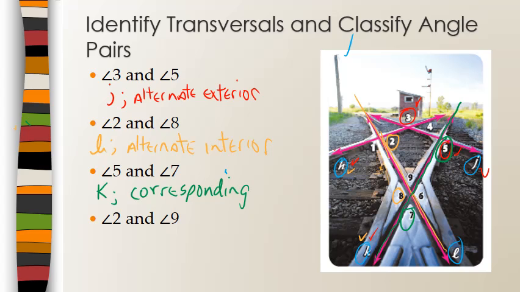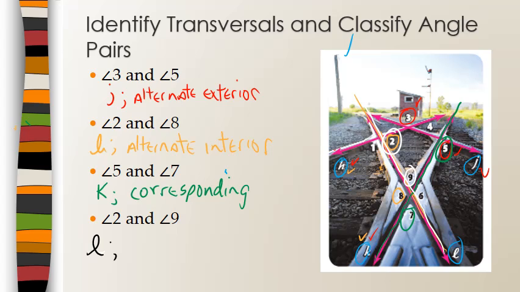All right, last look. Angle 2 and angle 9. So angle 2 is right here, and angle 9 is right here. So my transversal then is going to be line L. Not sure you can see that. I'm going to put that in a different color. Put that in black.